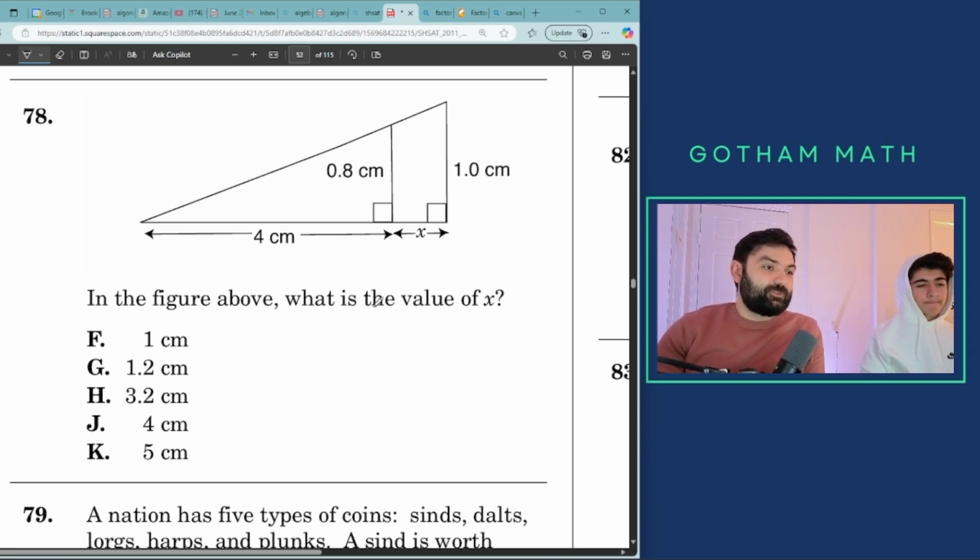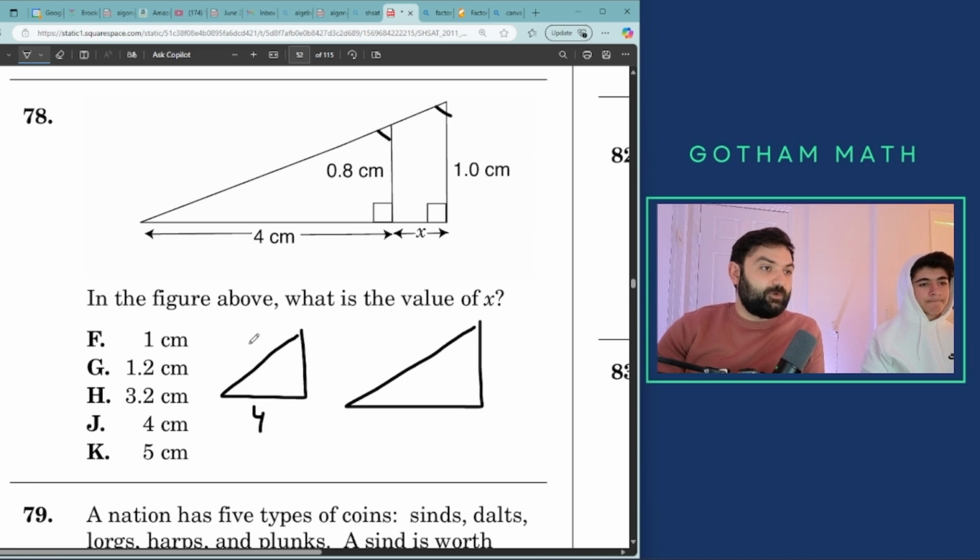It's called similar triangles. These triangles are similar because they're both right triangles and they have another angle that is the same. If we split it into a smaller one and a bigger one, this one is 4, this side is 0.8, this side is 1 and this side is 4 plus x.